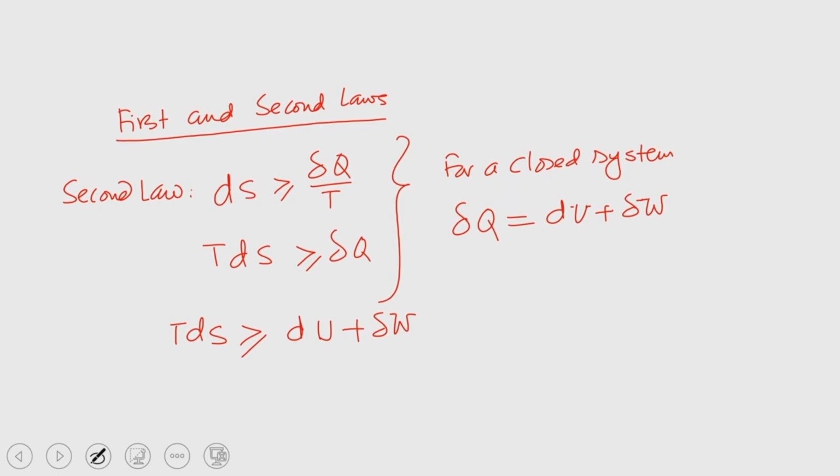So, we can also write this equation in this form, that T ds equal to du plus delta w, if the closed system contains a simple compressible pure substance.